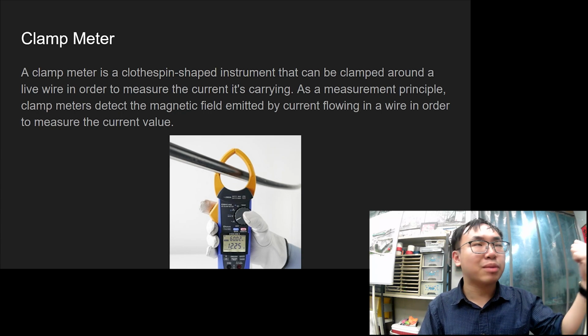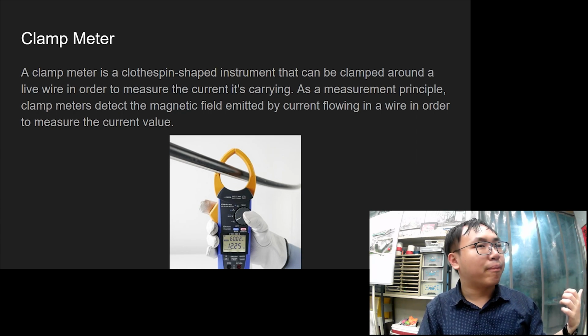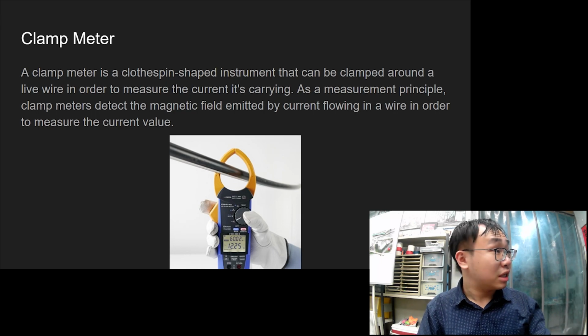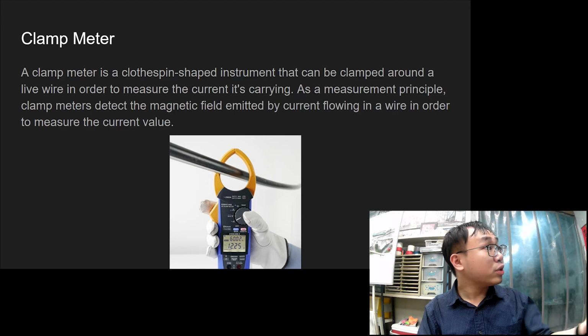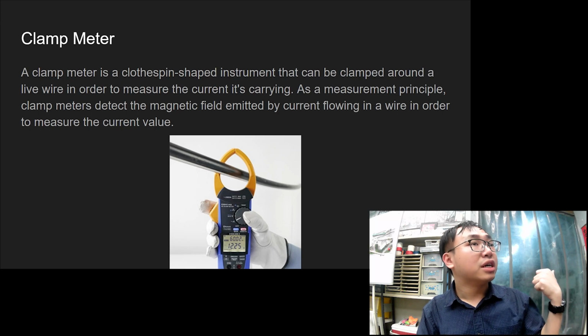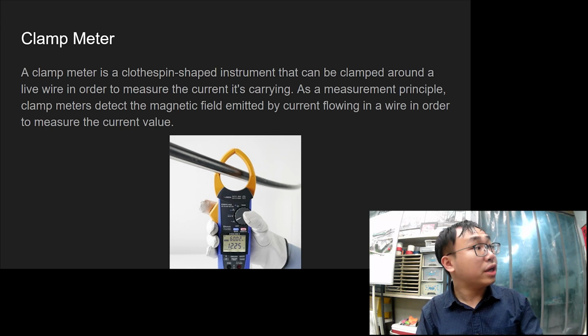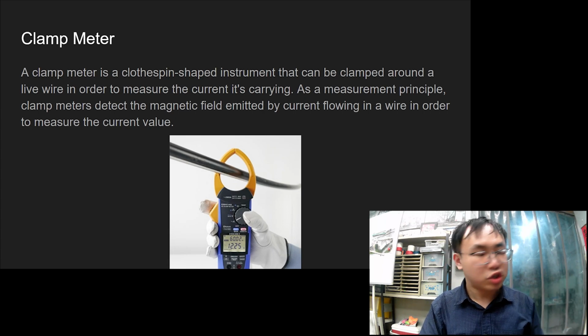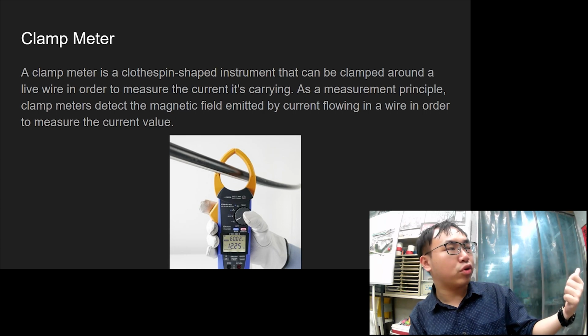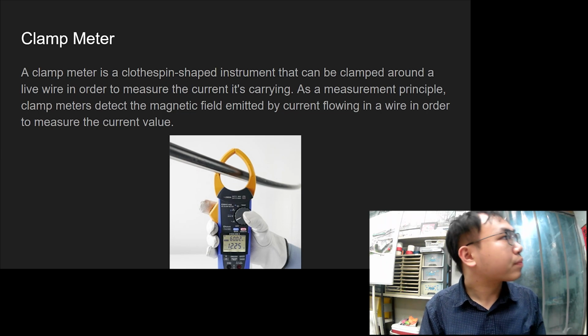Sometimes you really can't break your circuit and insert the ammeter inside, so we can use a clamp meter as a non-intrusive way to do the measurement, which helps a lot, especially if you are doing high voltage work.